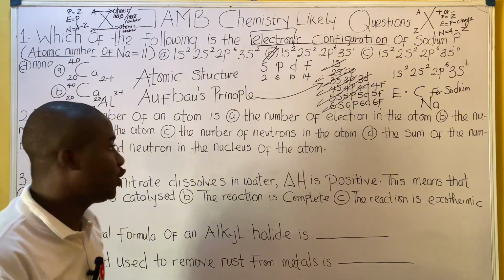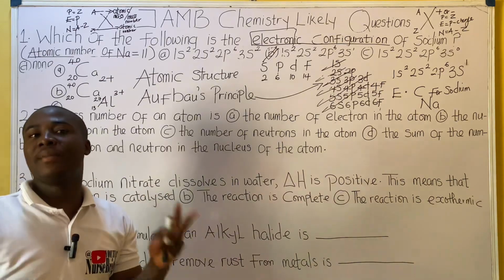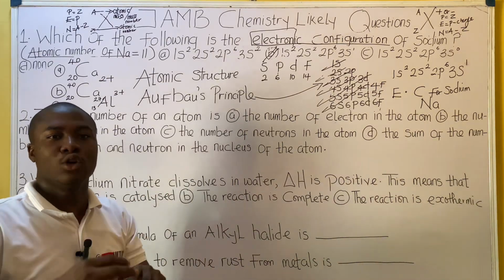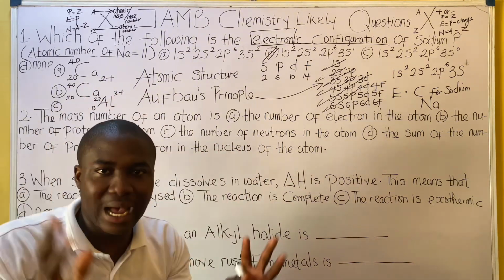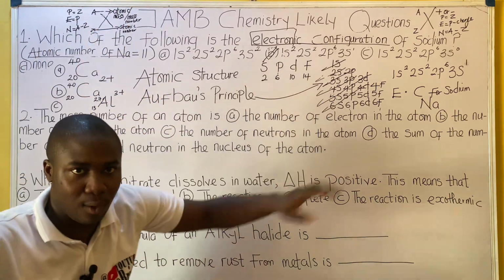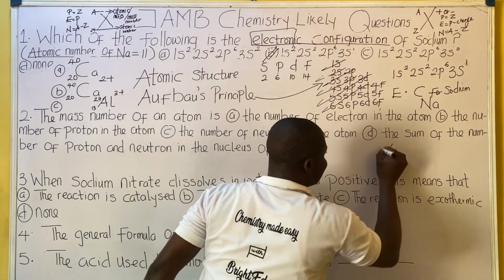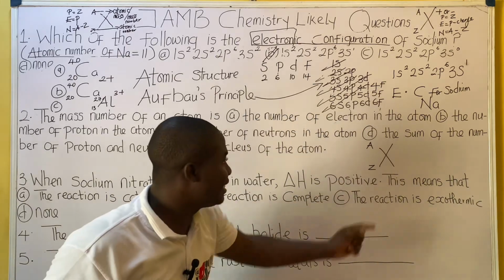The next question says, the mass number of an atom is... so they are actually asking what the mass number of an atom is. Before we look at the options, let's determine the mass number together. Let's write this down. Here is X, here is A, and here is Z. This is an unknown atom.